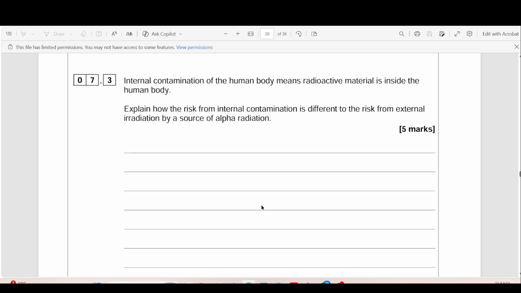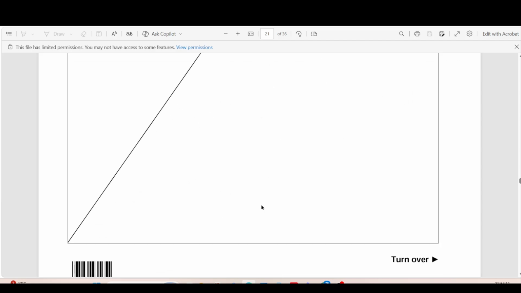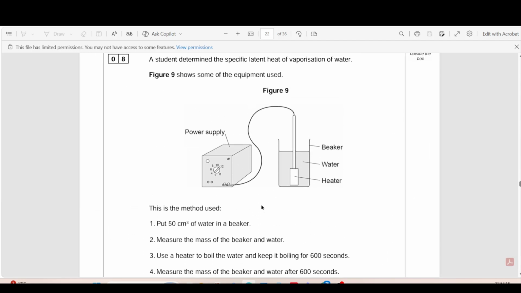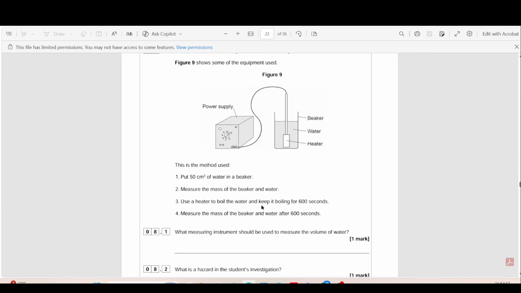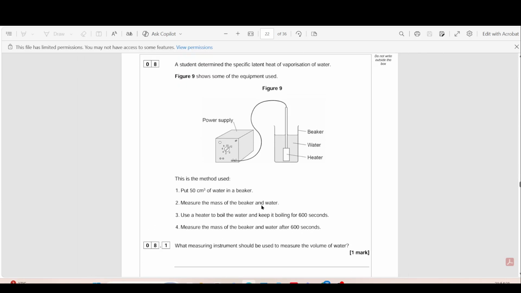External radiation will not affect it, but internal contamination will be very dangerous because there is no boundary to protect ourselves from it.